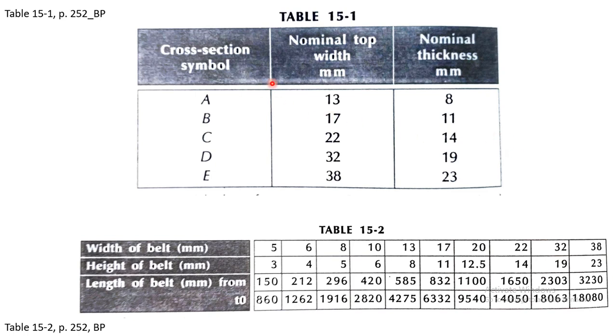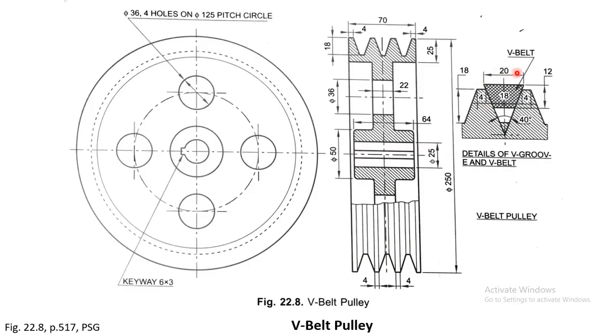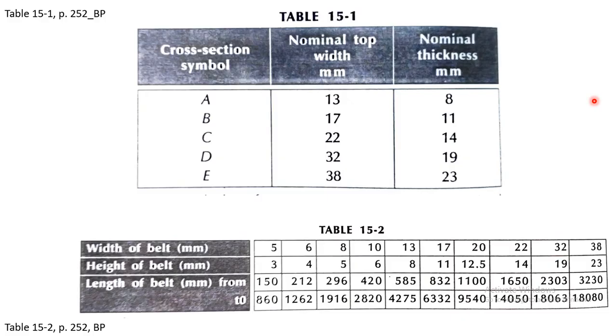These are the specifications which are used for the belts. For example, the nominal top width can be 13 millimeter and nominal thickness can be 8. So the top part is this one and the thickness is this one. So it can be a combination of 13 and 8. That will be called A, and another we'll call B when the nominal top width is 17 mm and nominal thickness is 11 mm, and so on.